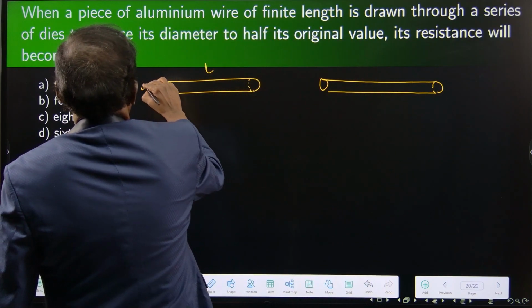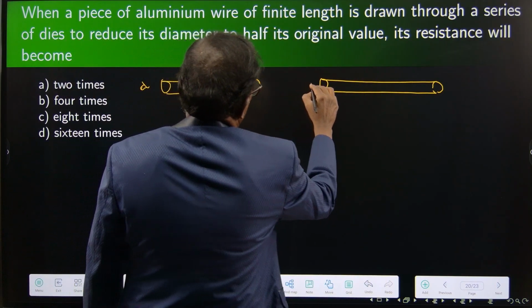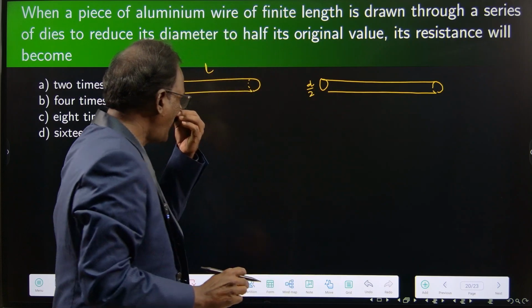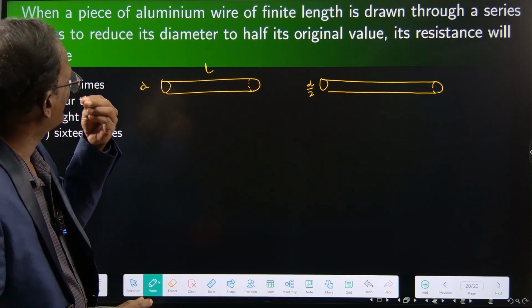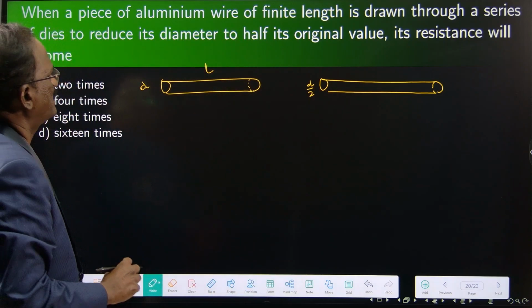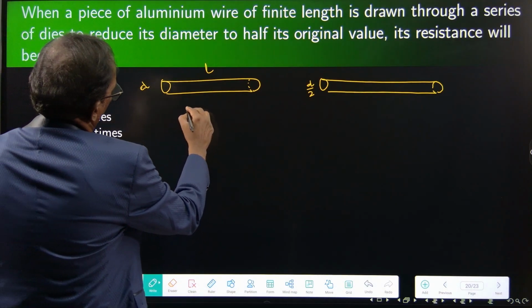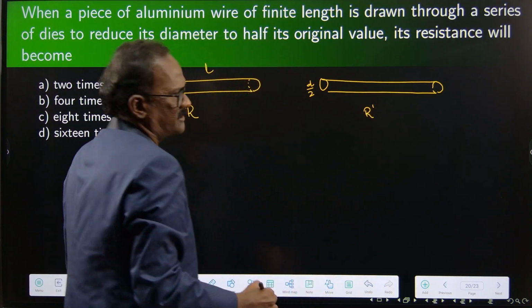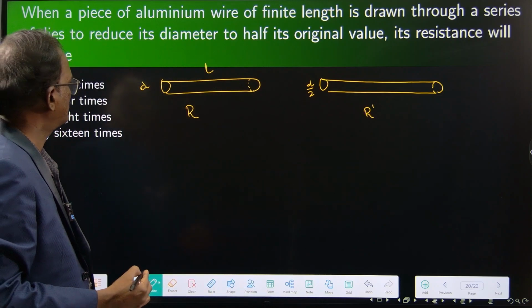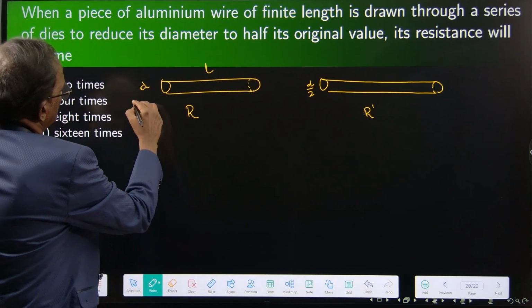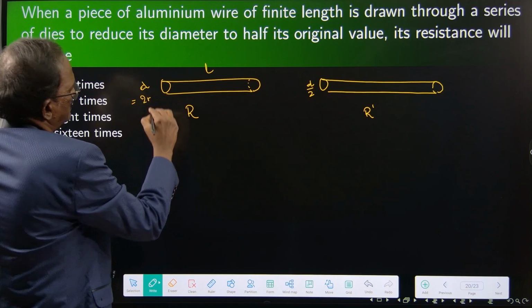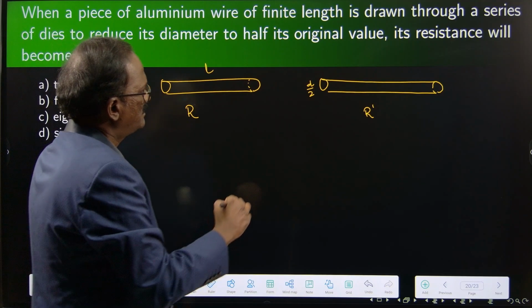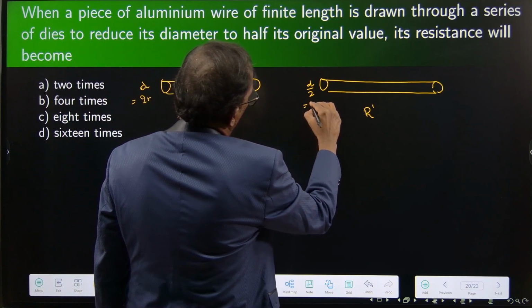This diameter is reduced to half of its original value. Its resistance will become, what will happen to R dash? So instead of r, they are giving D. So let me write it as 2R. Then D by 2 will be R.